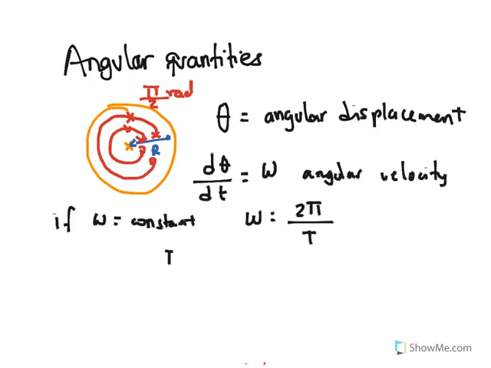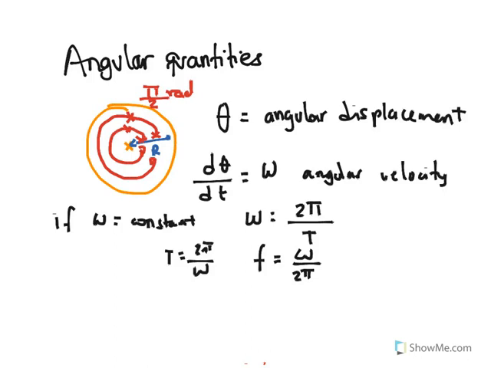Or in other words, the period equals 2pi over omega, and since the frequency is the inverse, the frequency is omega over 2pi. The angular velocity is also usually called the angular frequency.